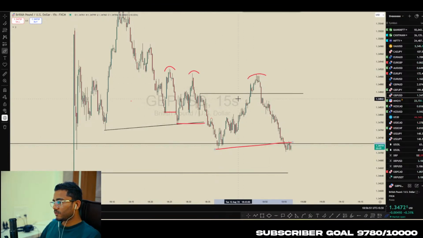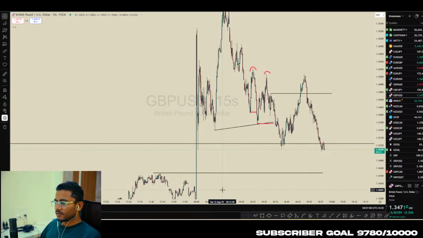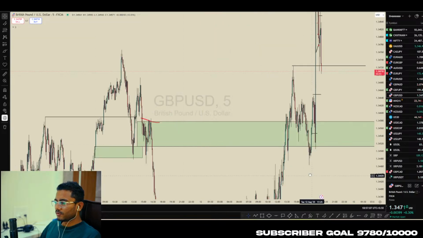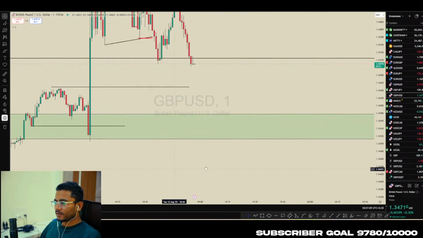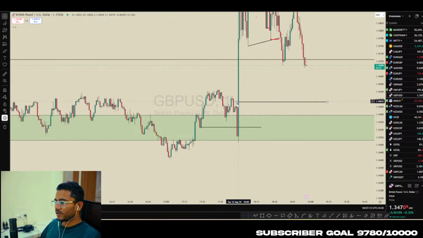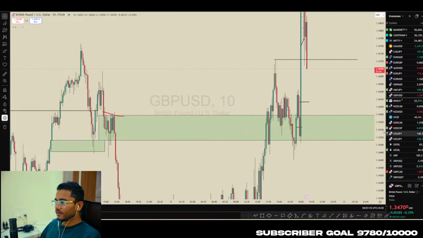So at least we want price to break this high, then only can we confirm that it's now going to the upside. So we have this original order block where we can look for the buy side. So let's wait at the original order block. This is the actual move which started to go down, and it swept the liquidity and tapped this order block.